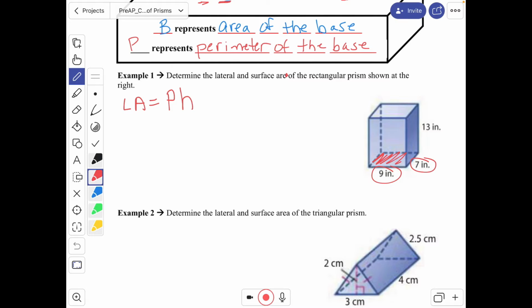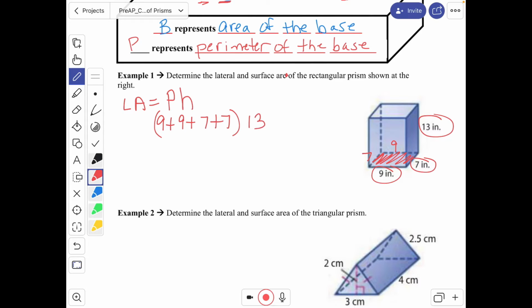So what would the back be? 9. And then this side on the left would be 7. So perimeter of the base would be 9 plus 9 plus 7 plus 7. We find that answer and we multiply it times the height. The height is 13.